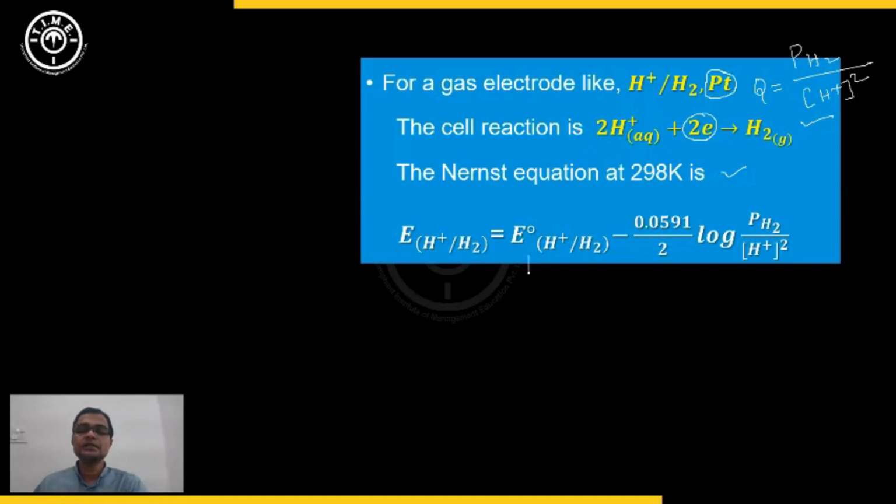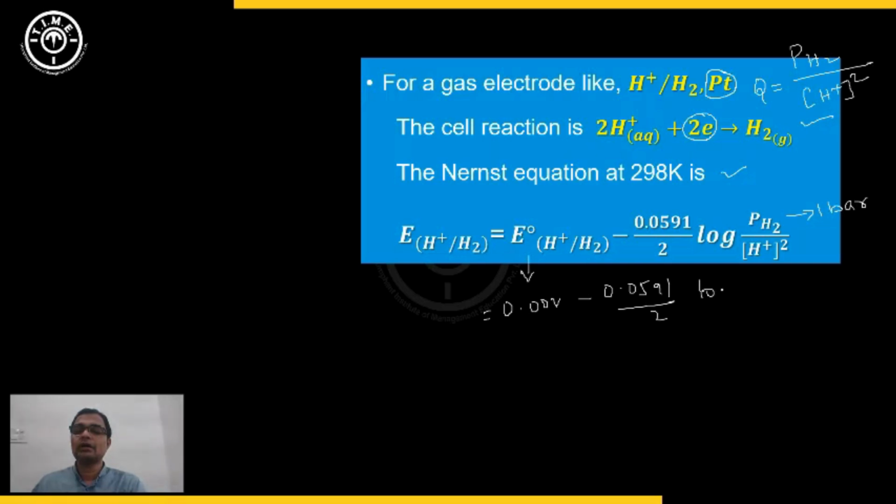Here, the standard hydrogen electrode value is always 0.00 volts only, minus 0.0591 by 2. Here, assume the partial pressure of hydrogen gas is 1 bar.